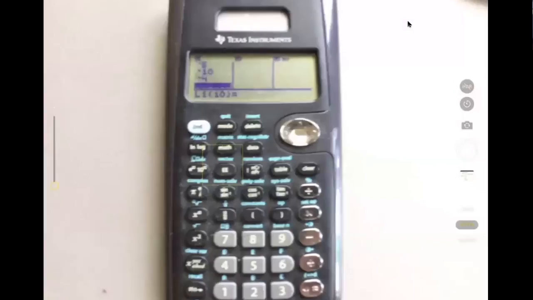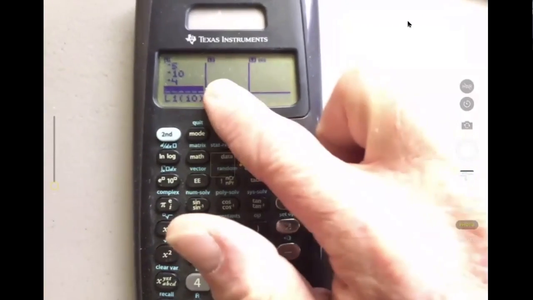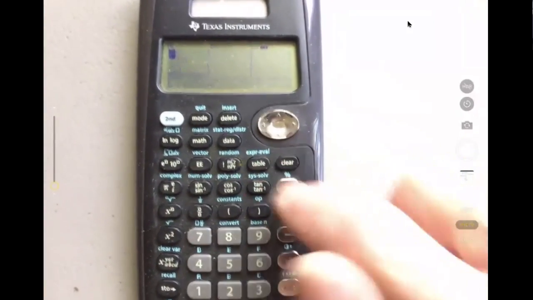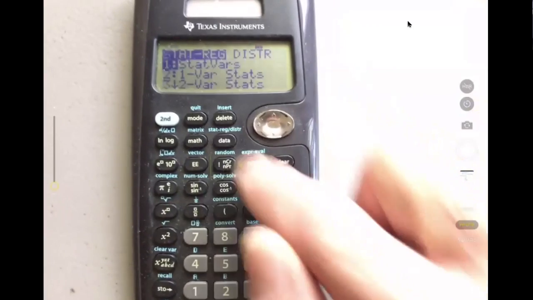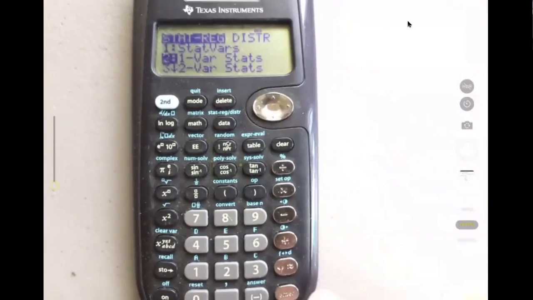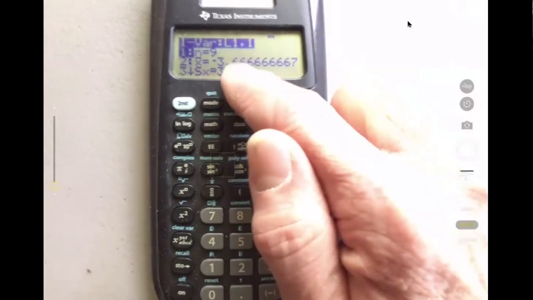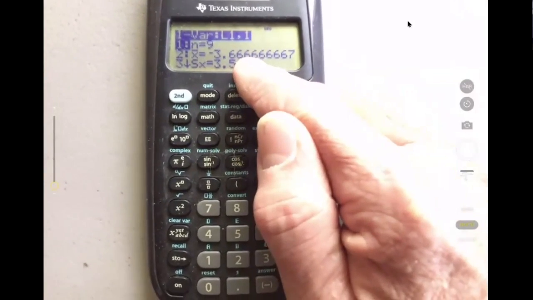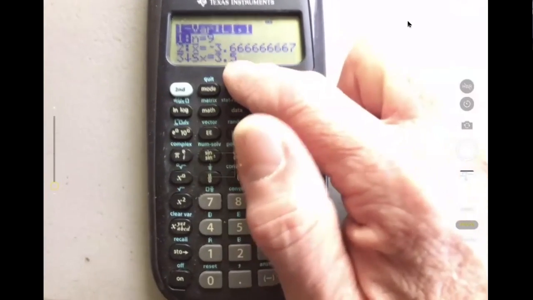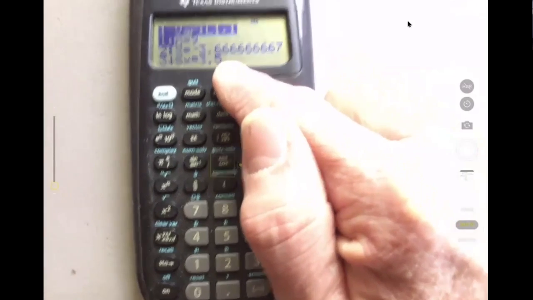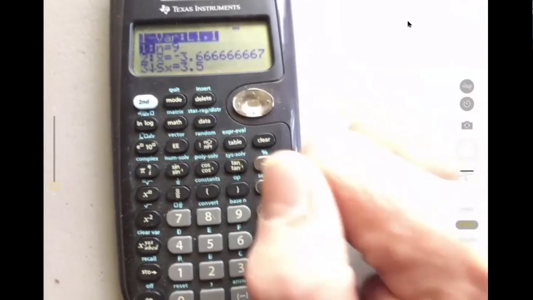Okay, so I've got mine all keyed in here. And then, once you've got them all keyed in, you press clear, second data, one variable stats, and then just remember that X bar is really our D bar, and SX is really SD. Okay, and N is 9. So those are the numbers we needed.